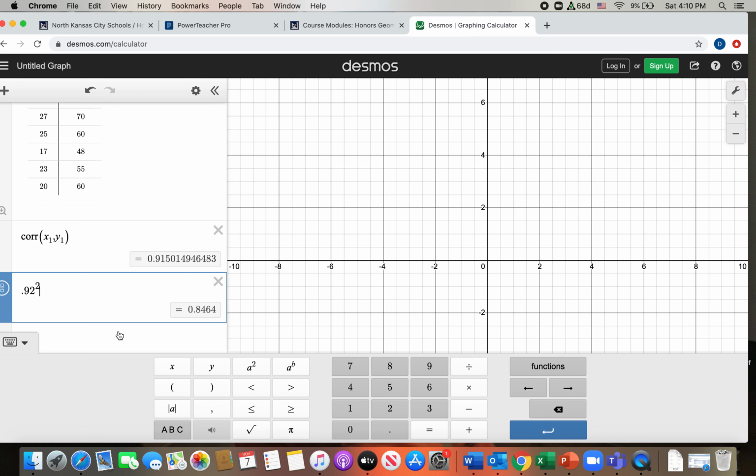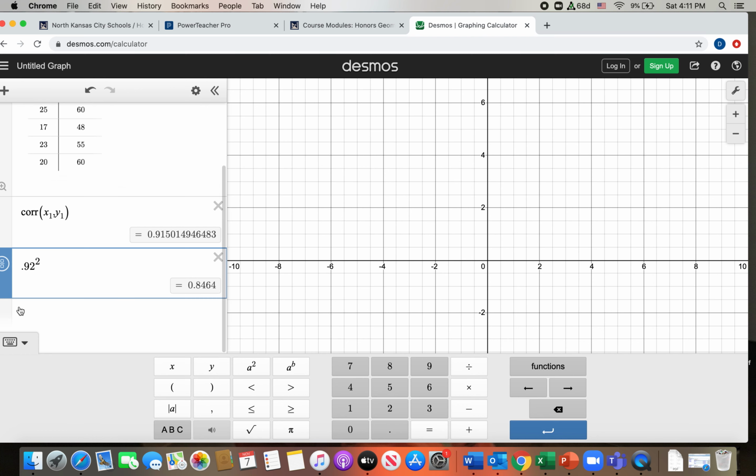So that's our R squared, the coefficient of determination. And 1 minus 0.84 is about 0.15, so 15% is unexplained between those two variables.